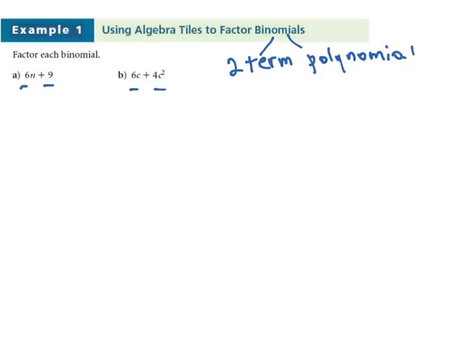Since we're going to use the algebra tiles, let's take a look at the first one: 6n plus 9. Whether we're using an x or an n, it doesn't matter. It's still a variable. Now again, factoring means that we are trying to find 2 or more factors that multiply to get 6n plus 9.